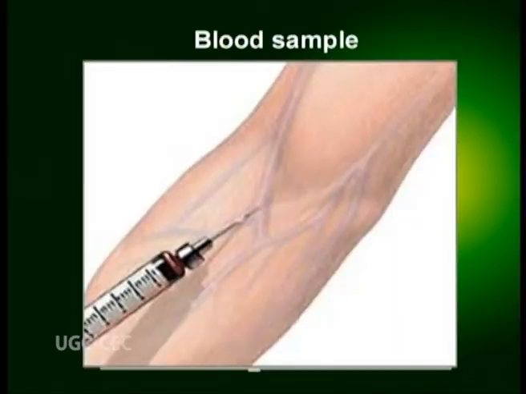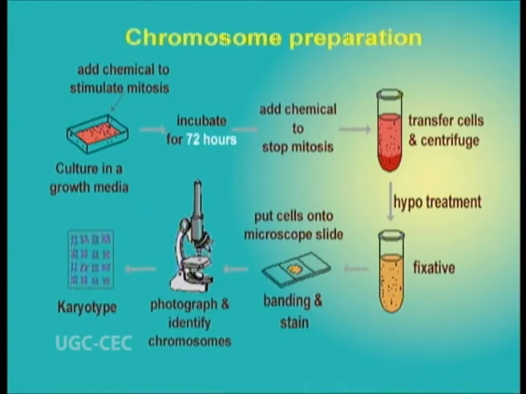To detect the chromosomal aberrations, one has to prepare the chromosomes. The best way is to take a blood sample, culture it in a media, and grow it for 72 hours, and when the cells start dividing, you arrest them with a specific chemical, so that the chromosomes remain in that particular shape, where we can analyze them and find out the aberrations.